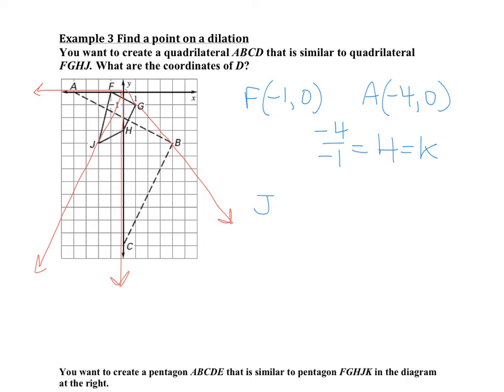So you just take the coordinates for J, which is (-2, -4), and multiply it times 4.